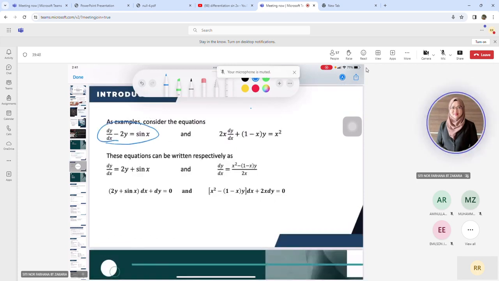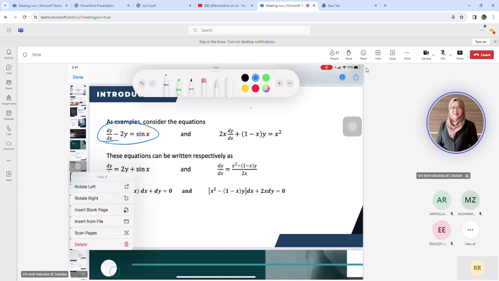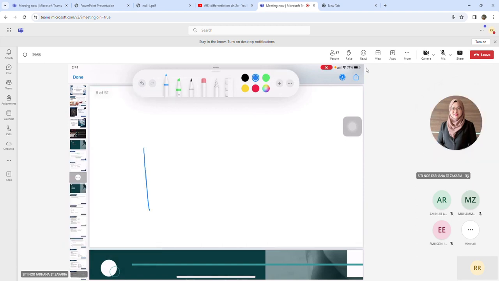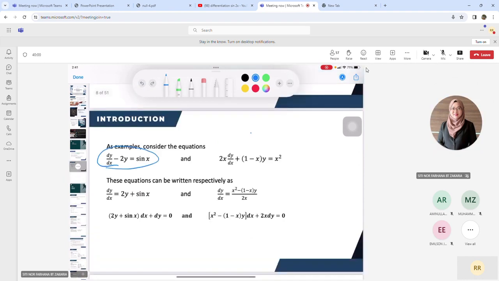When we rewrite it, I will show you how to rearrange. dy over dx equals 2y plus sin x.